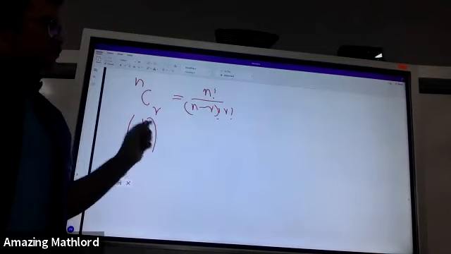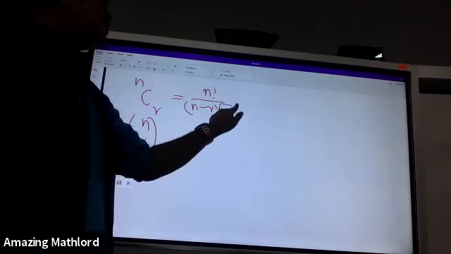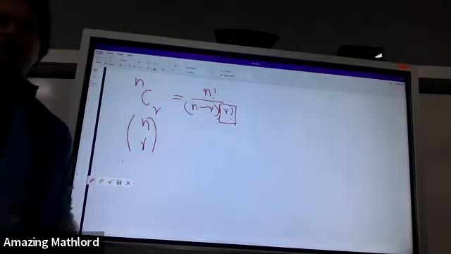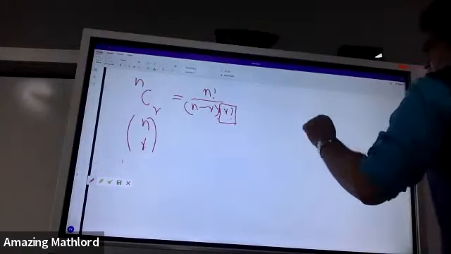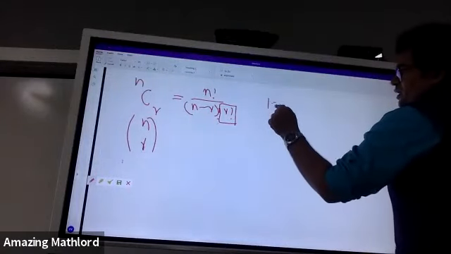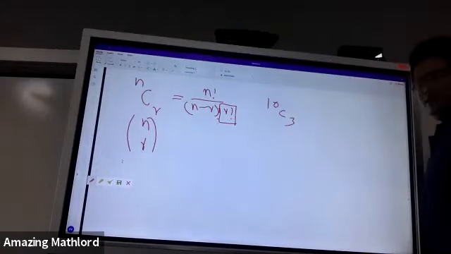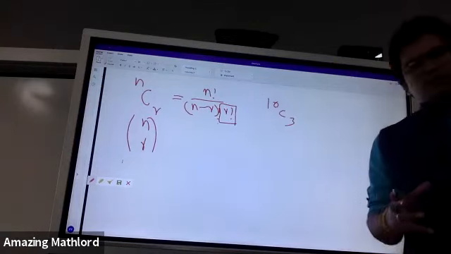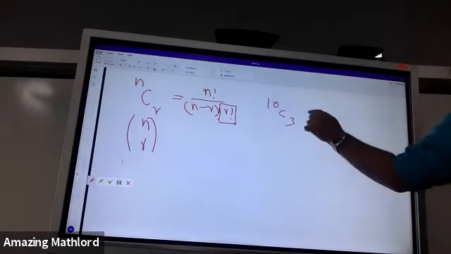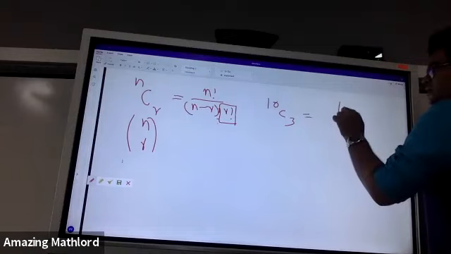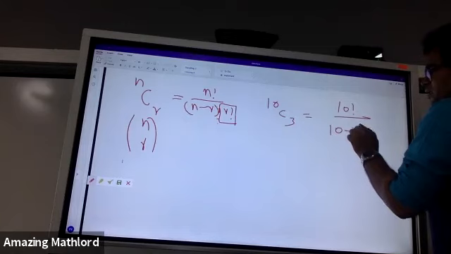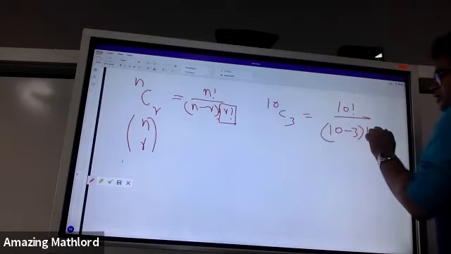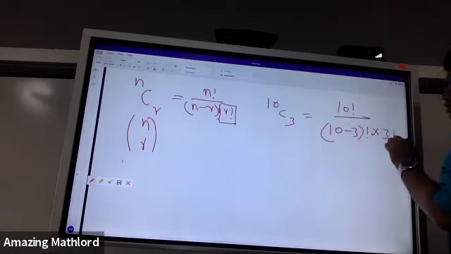If you see the difference in the formula, there's an added r factorial here. If I do the same problem, it will be 10C3 when there is no order being important. So the formula will be 10 factorial over 10 minus 3 factorial into 3 factorial.